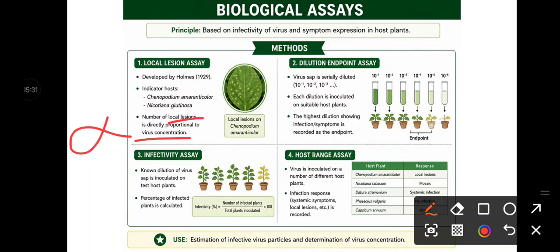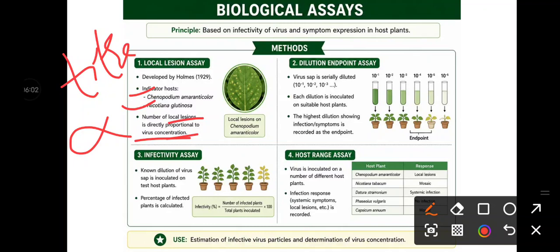Generally for concentration, the term titer is used. Examples of indicator host plants are Chenopodium amaranticolor and Nicotiana glutinosa. This is for TMV, tobacco mosaic virus. For all viruses, there are specific indicator hosts. We will deal with it in later videos.